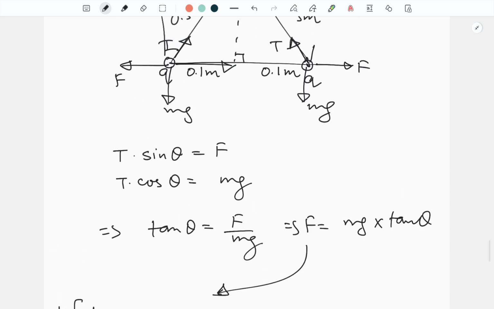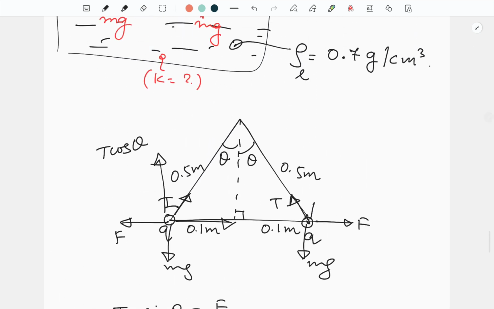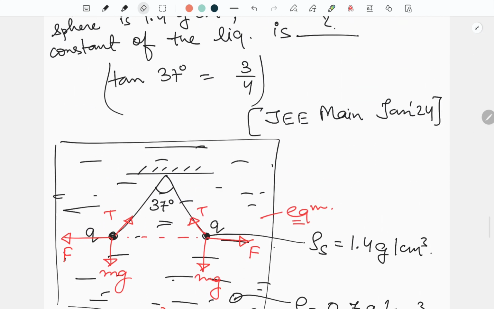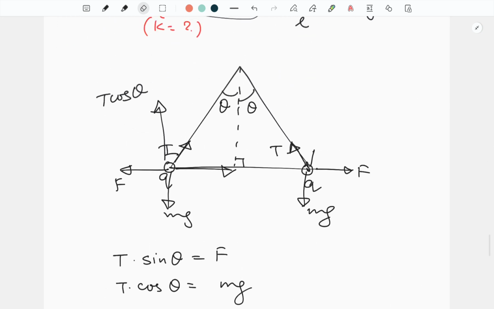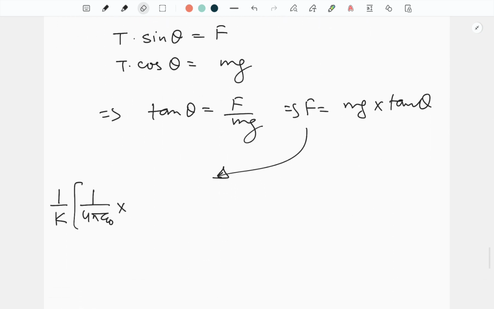Just one more thing, I think this data 0.5 meter and 0.5 meter is not there, it was taken from some other values, only these two values are given, right? So anyhow we don't need those two values because tan theta is already given.